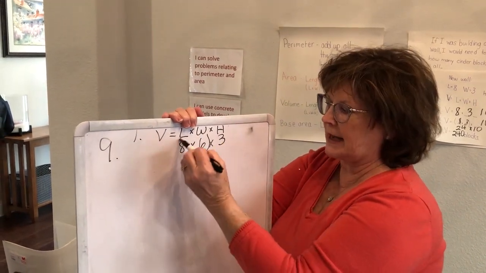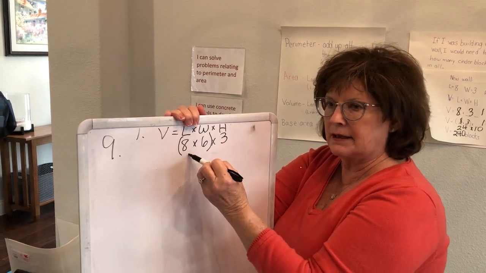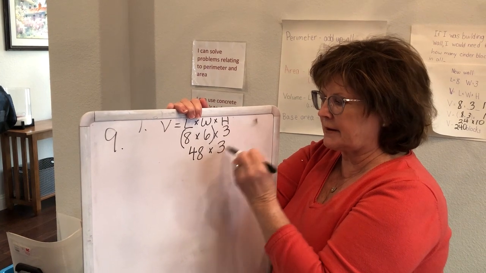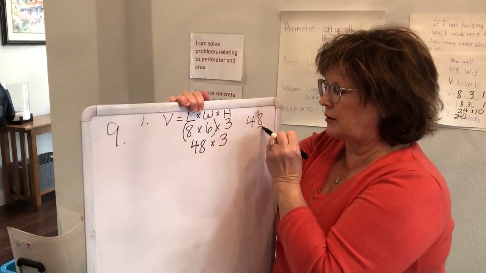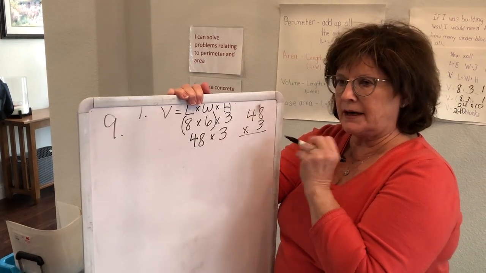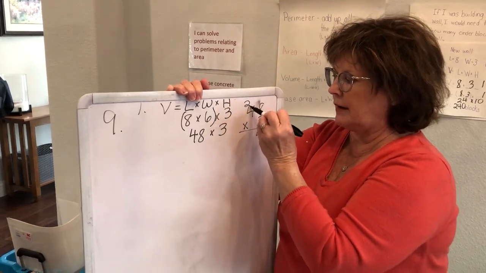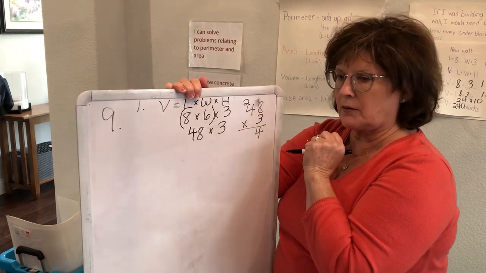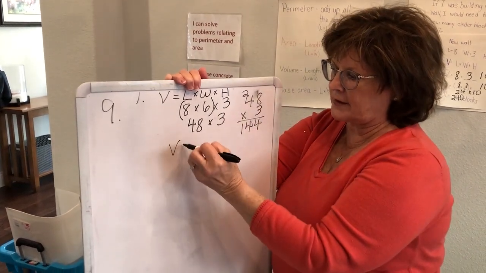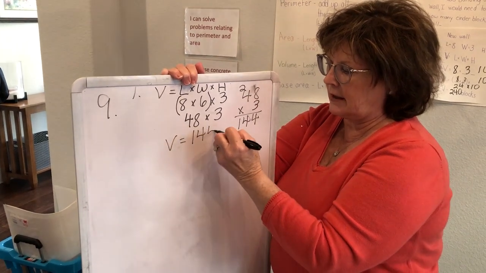Okay, let's do that. 8 times 6 is, Braylon, 48. Good. Times 3. So I'm going to solve that over here while you work it at your desk. And Adeline, 8 times 3, 24. Adeline, 3 times 4, 12 plus 2, 144. So the volume of our first one is 144.